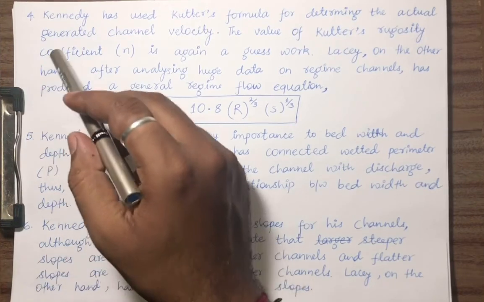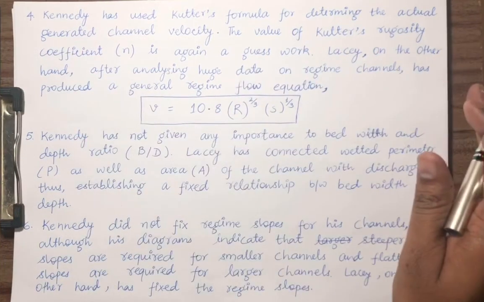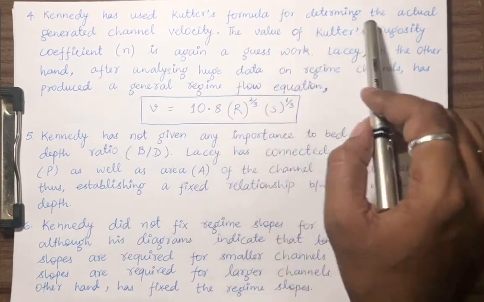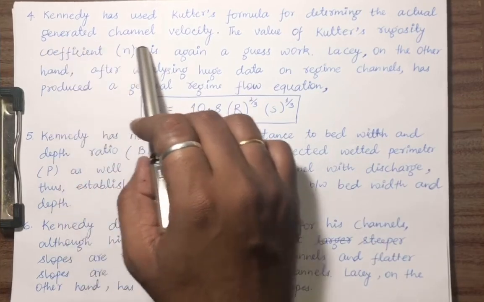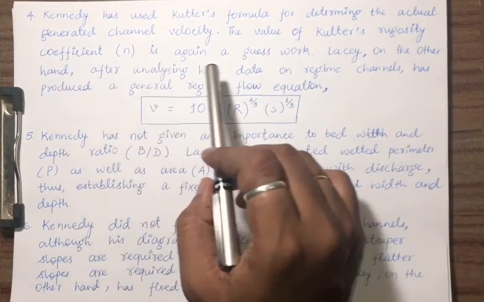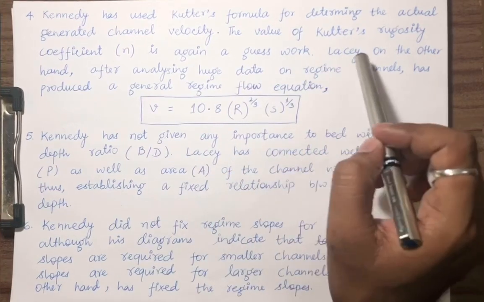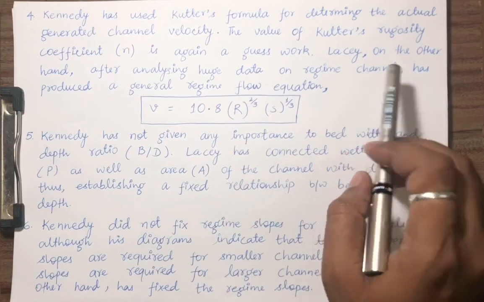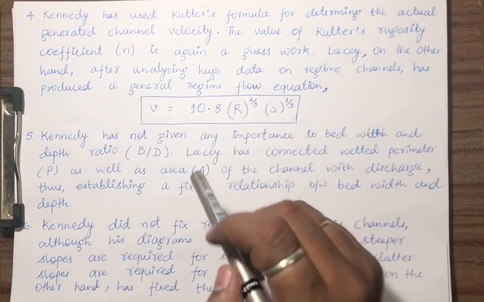So the next comparison we can do, like Kennedy has used Kutter's formula for determining the actual generated channel velocity. The value of Kutter's rugosity coefficient n is again a guesswork. Lacey, on the other hand, after analyzing huge data on regime channel, has produced a general regime flow equation.